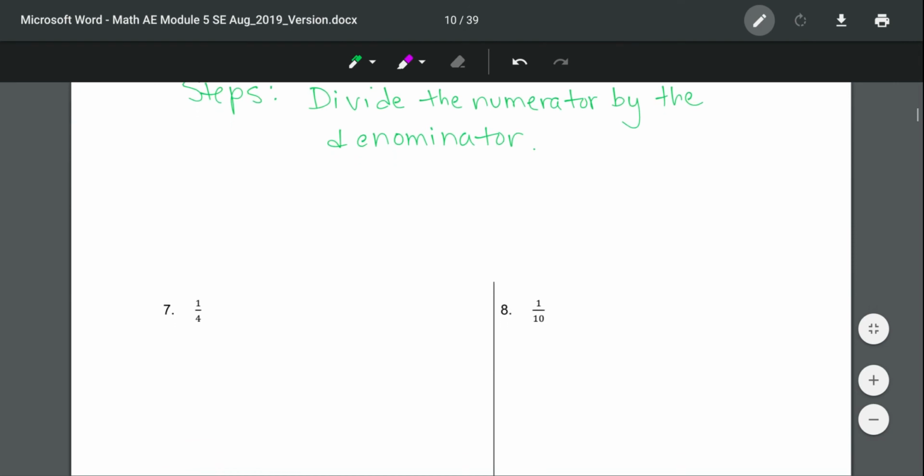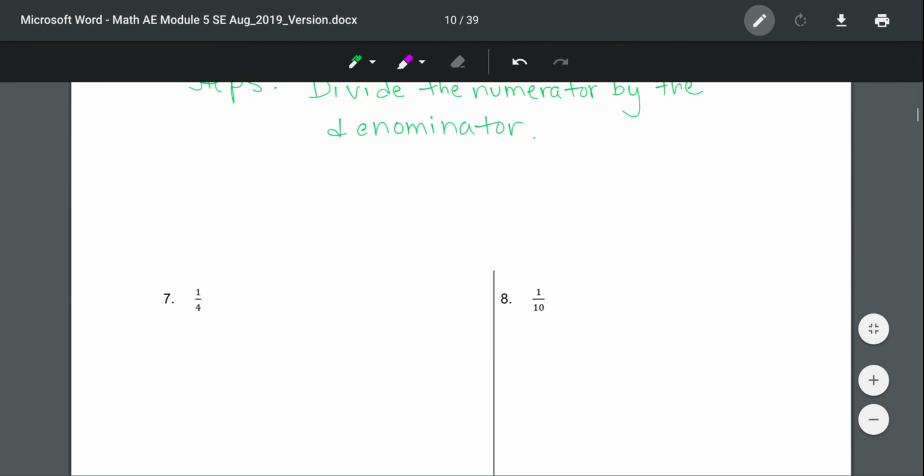So if I have 1/4, 1 would be your numerator, and 4 is the denominator. So you would want to divide 1 by 4.